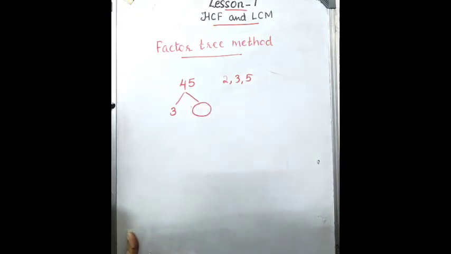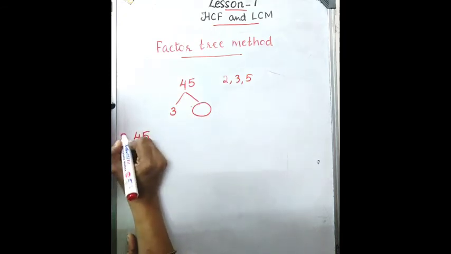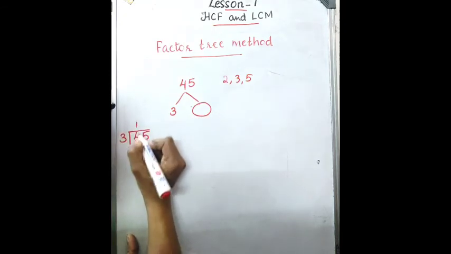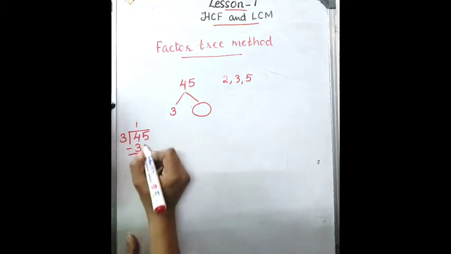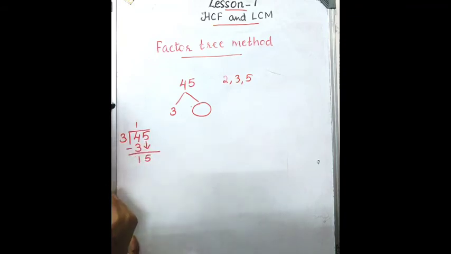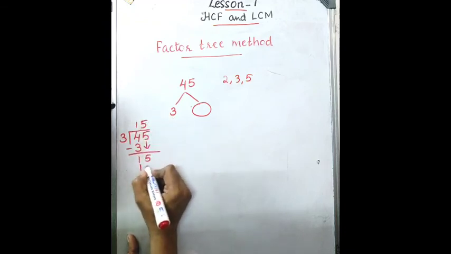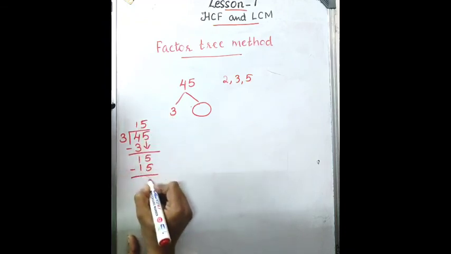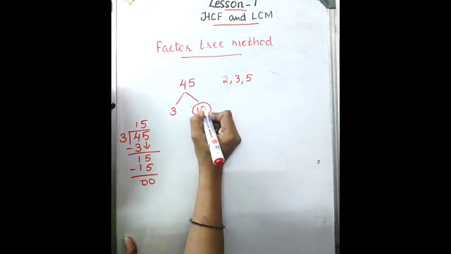To get this number, we have to divide 45 by 3. 1 into 3 is 3. On subtracting from 4, we get 1. Bringing down 5 here, how many times does 3 go in 15? 5 threes are 15. Subtracting, 0. So here it is 15.